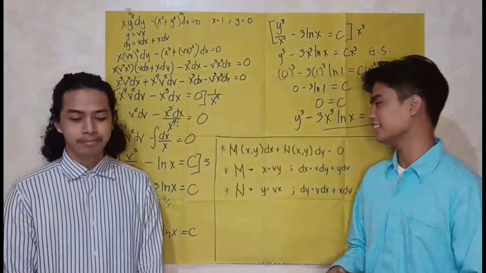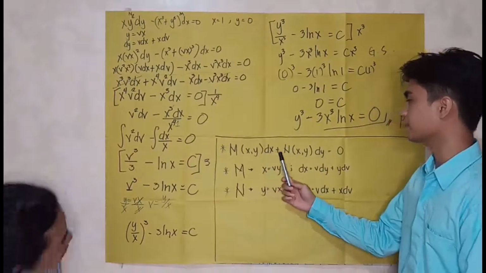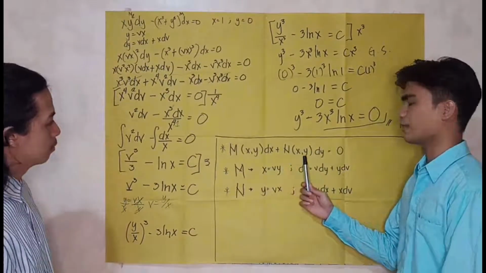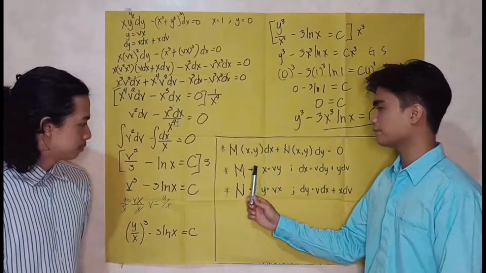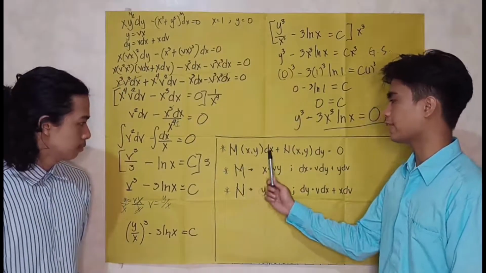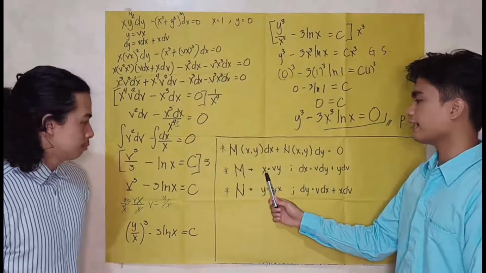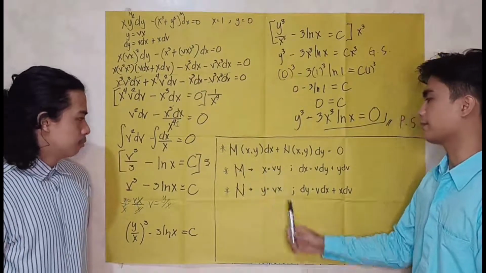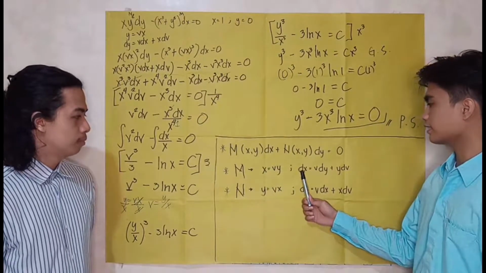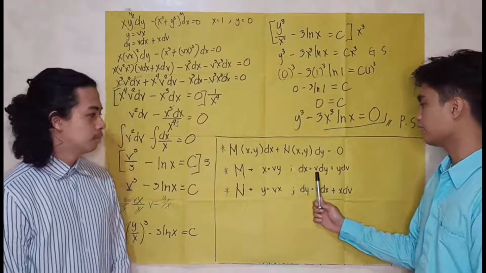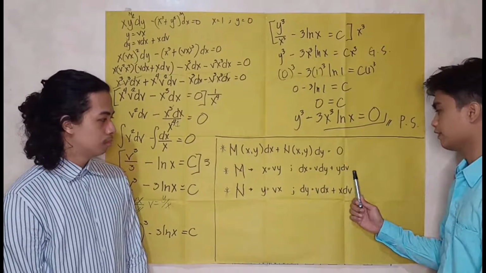So, recap muna tayo. M quantity x, y, dx plus n quantity x, y, dy is equals to 0. Sabi dito, kapag mas simple yung M palaging kasama yung dx. Pag simple daw po yung M, gagamit ka ng x is equals to v times y. Ang derivation po nito is dx is equals to v derivation of y plus y derivation of v.